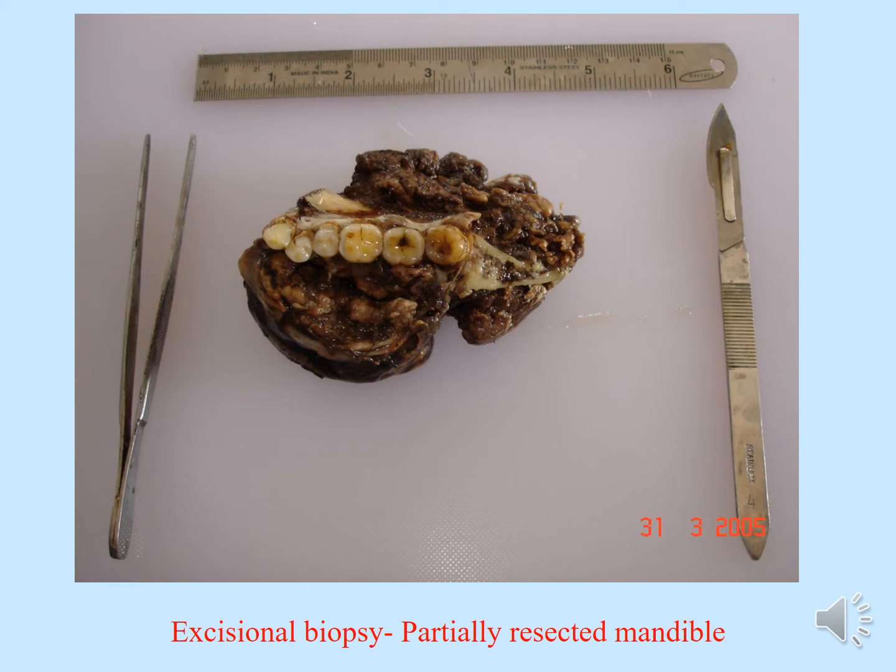Now this is an example of excisional biopsy. If you look here, this is a partially resected mandible. There was a growth that was clinically present, and it was diagnosed as a tumor on incisional biopsy, and the treatment indicated was resection. So the partial mandible has been resected.